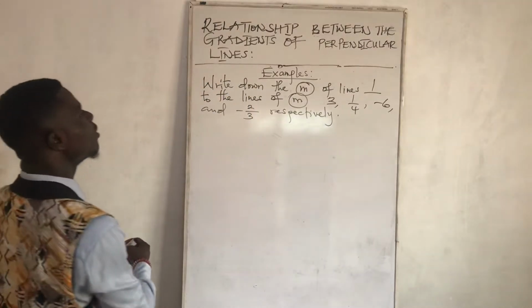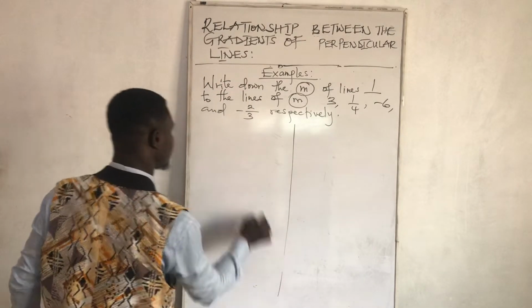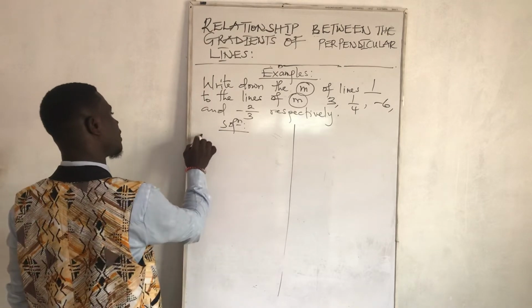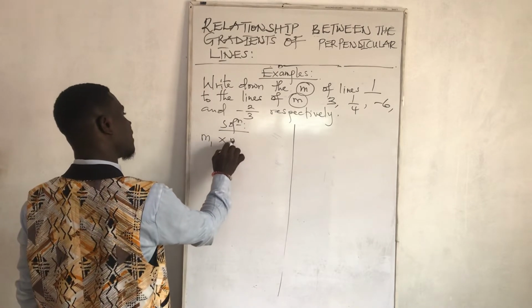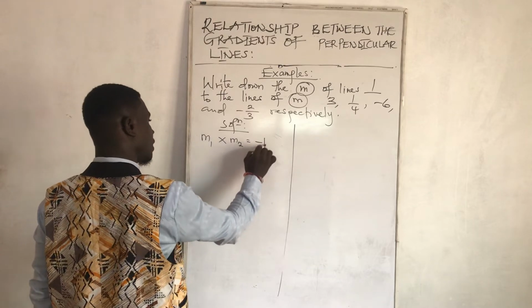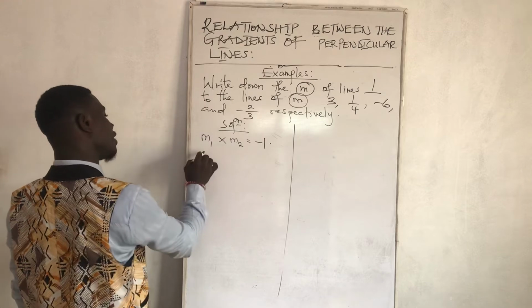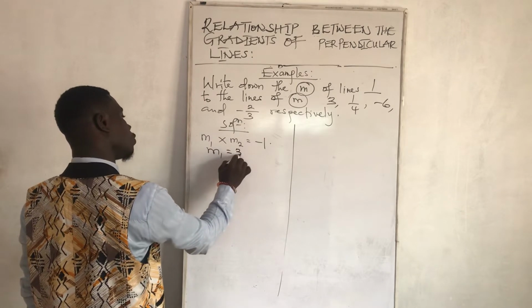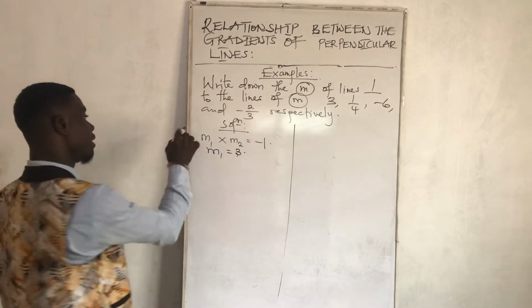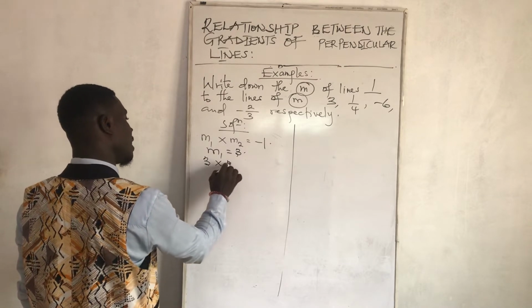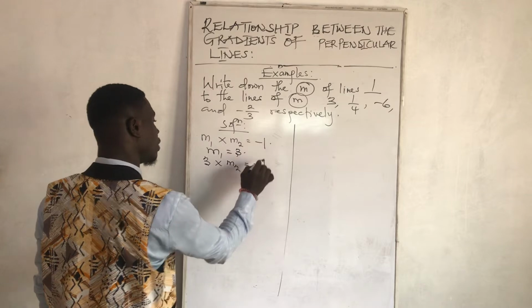How will you get it? We use the concept m1 times m2 must be equal to -1.